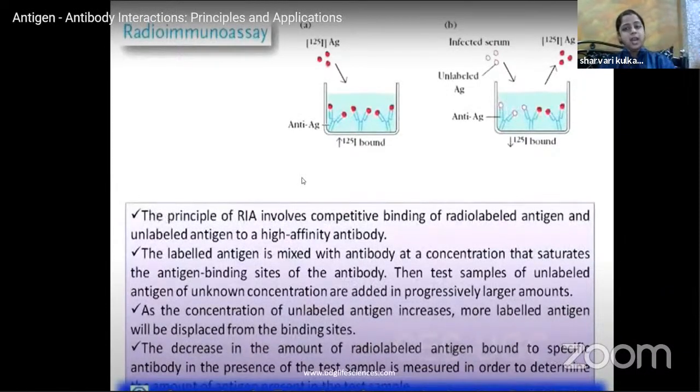So of course there will be a decrease in radioactivity. This decrease in radioactivity will be measured, and it will be the sign of concentration. Indirectly it will be converted to antibody concentration, or the detection of antigen.